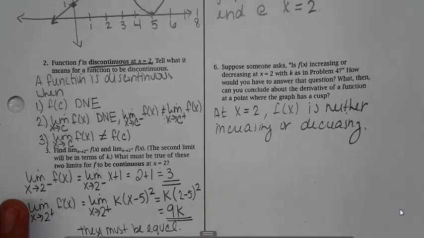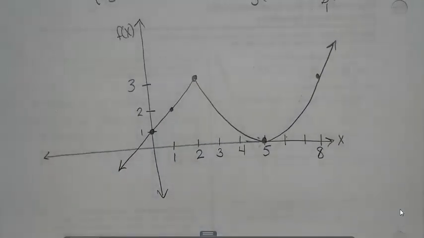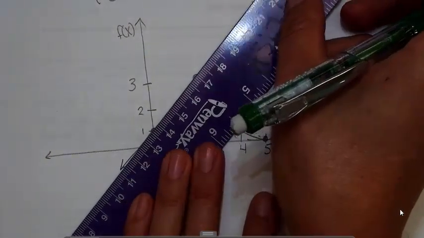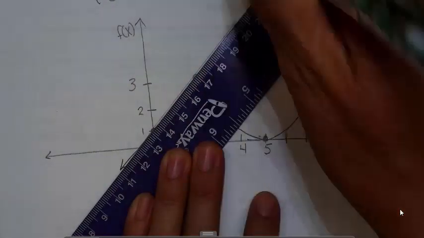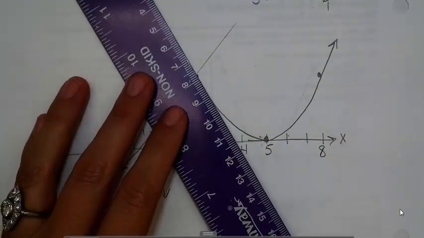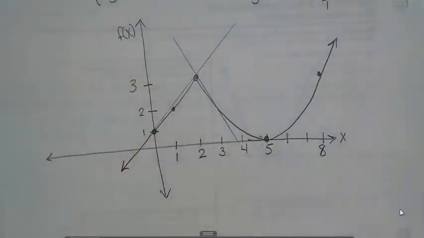So, and I think I've gone over this before in a previous video, but thinking about your rate of change here, as I'm coming from the left, I've got a positive rate of change, right? As I'm coming from the right, I've got a negative rate of change. So there is no one number that the derivative would approach.